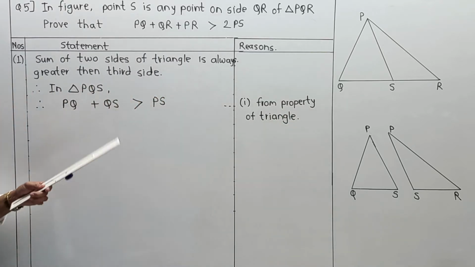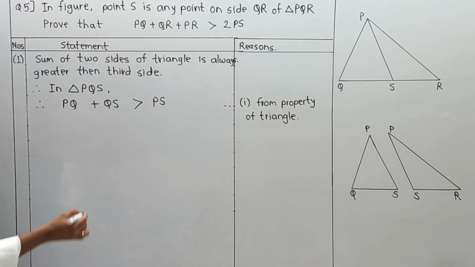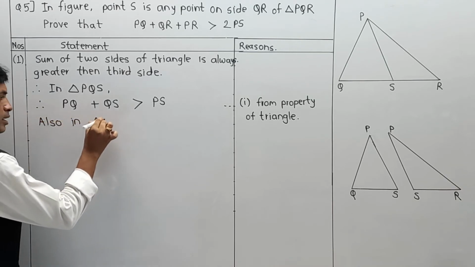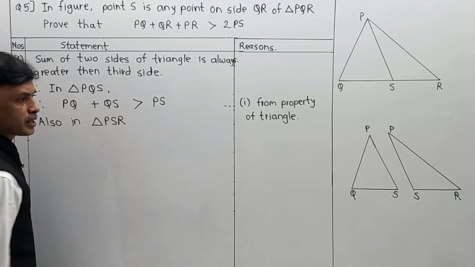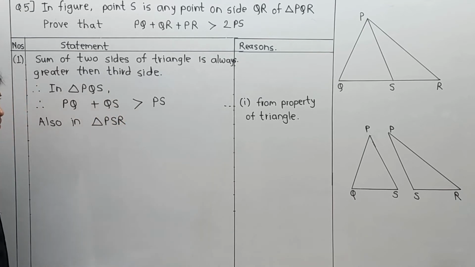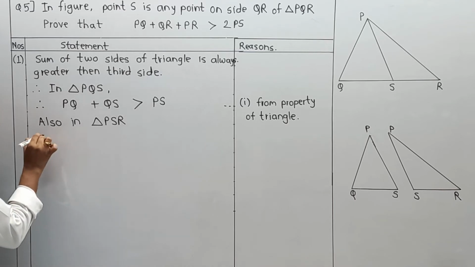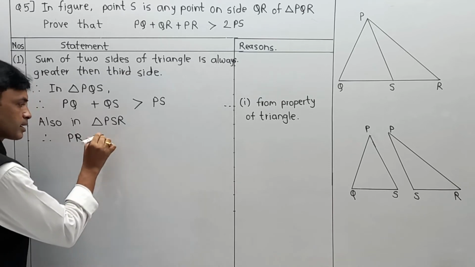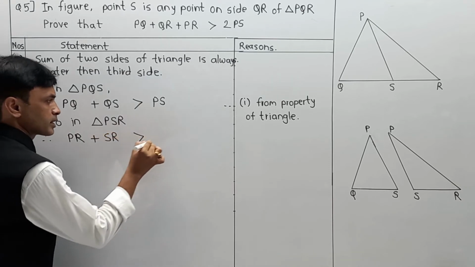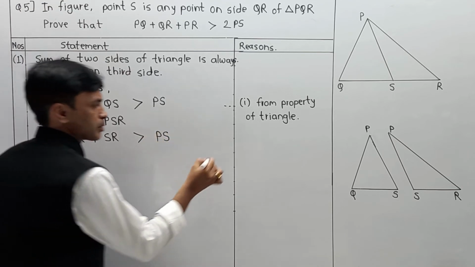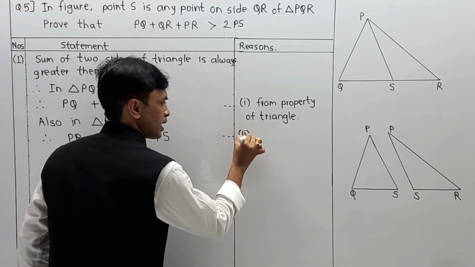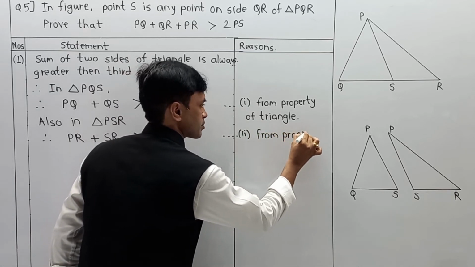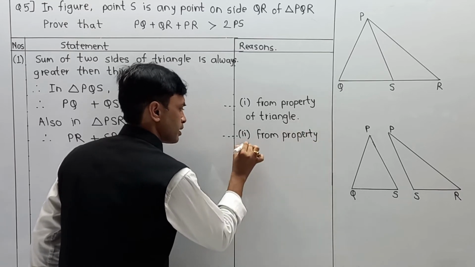Next, second triangle, in triangle PSR, also in triangle PSR, here the part is PR plus SR. PR plus SR is greater than PS. I call it equation number 2, and the reason remains same, from property of triangle.